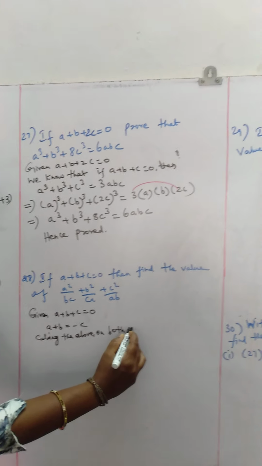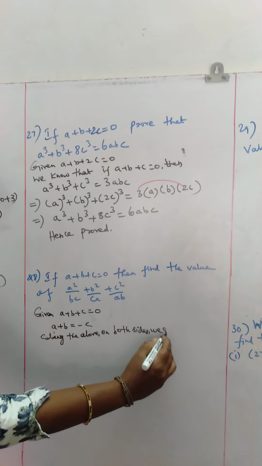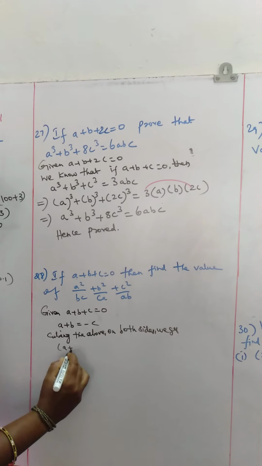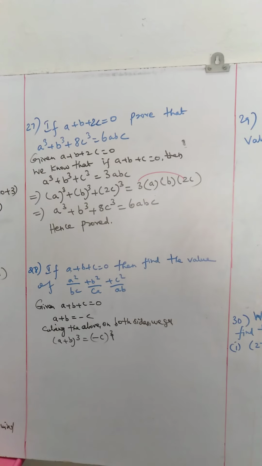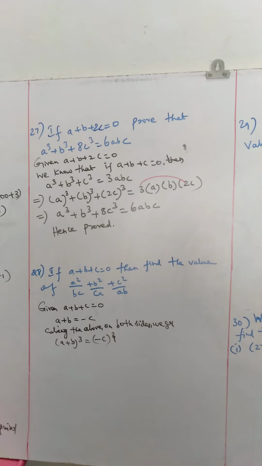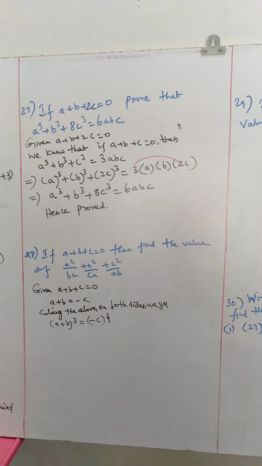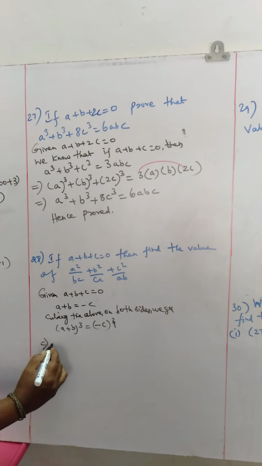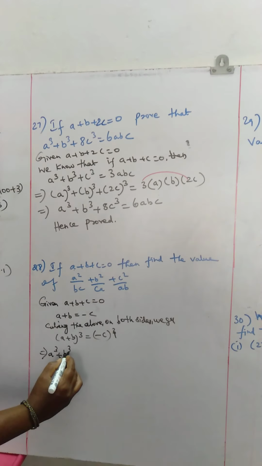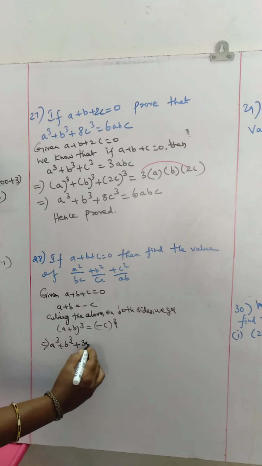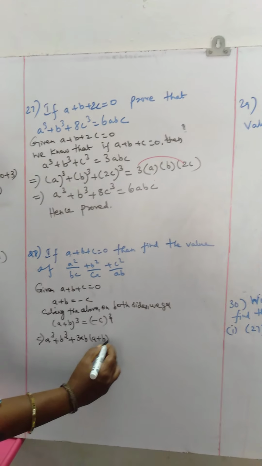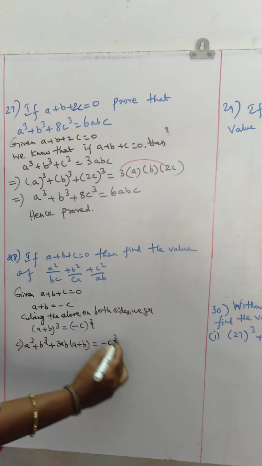Cubing the above on both sides, we get a plus b the whole cube equals minus c the whole cube. Okay. So we know already the a plus b the whole cube identity here is a cube plus b cube plus 3ab into a plus b equals minus c cube.